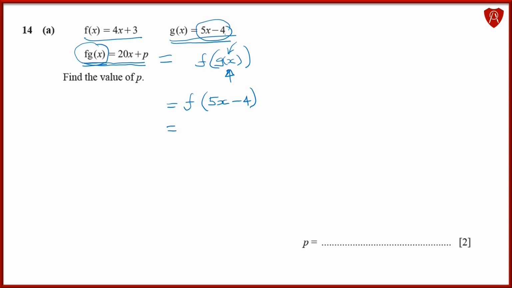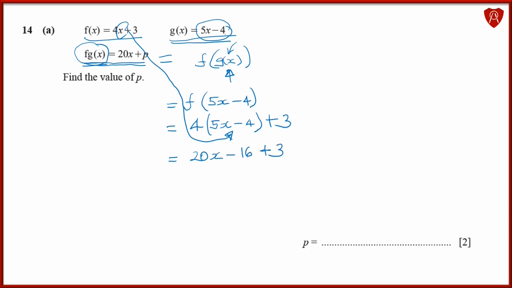The meaning of that is that in the place of x in f, we shall not write x for x, and instead of x, we input the output of the function g plus 3. So this x in f is replaced by g of x. And all we now need is to simplify. Expand the brackets first to get 20x minus 16, and then we add 3 outside the brackets.